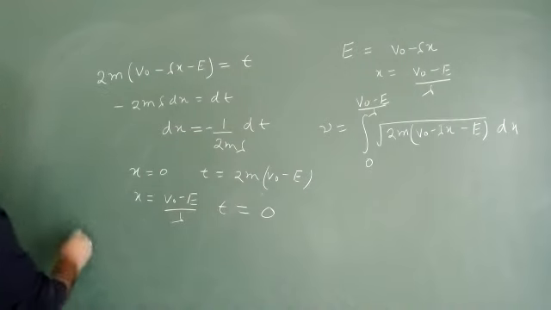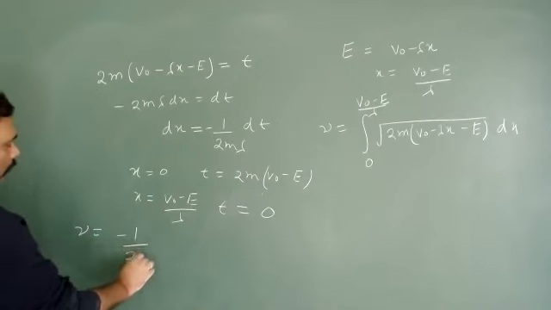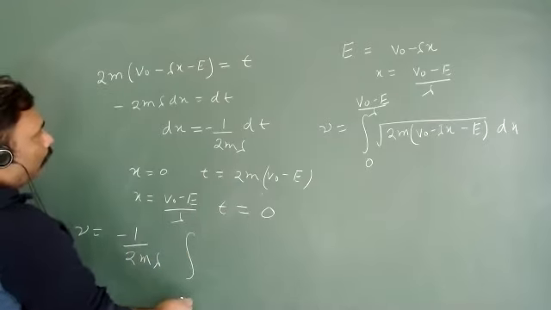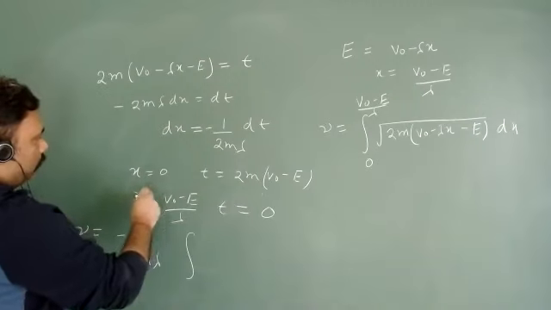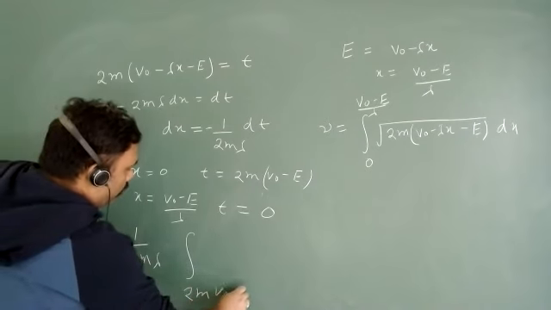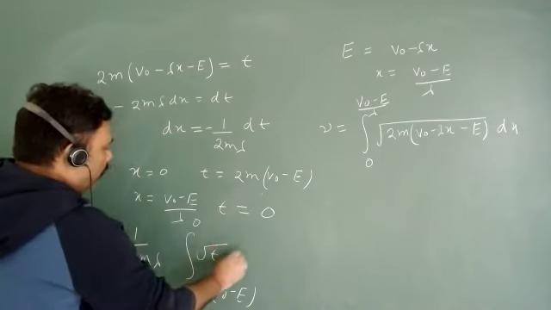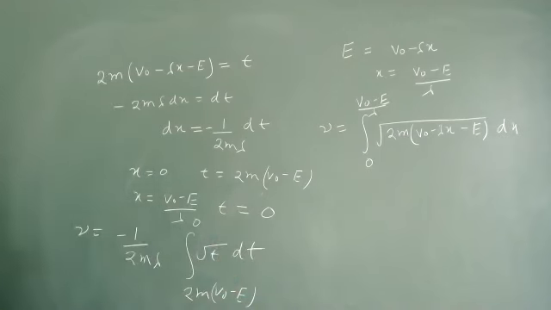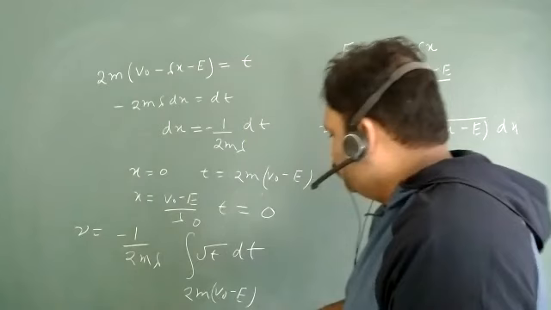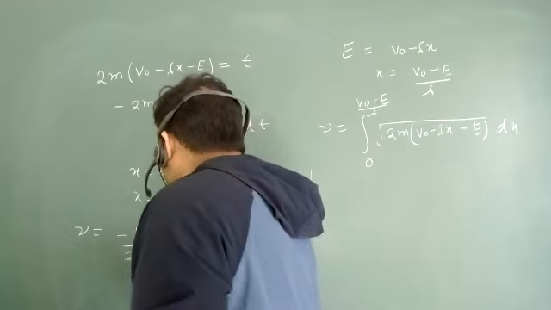So this integration gamma is equal to minus 1 upon 2m lambda, from t equal to 2m (V0 minus E) to 0, of root t dt. Good. Now, upon h cut. Did I miss something? 1 by h cut. Obviously 1 by h cut is always there.